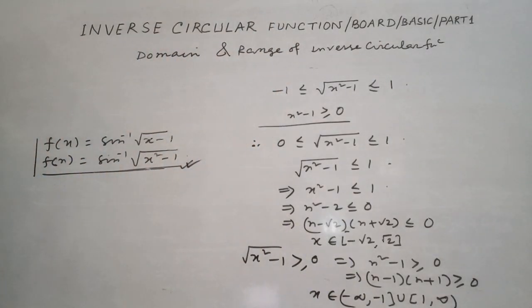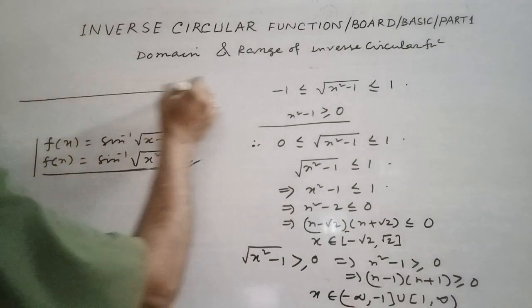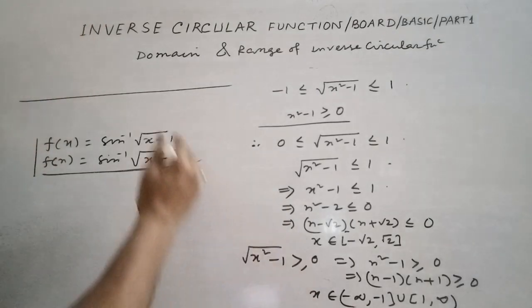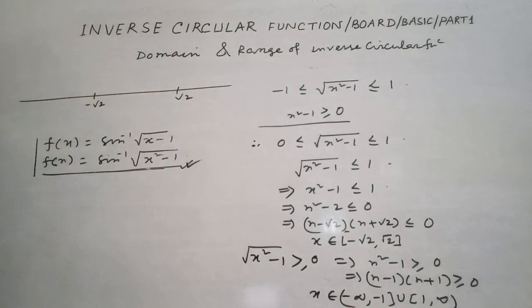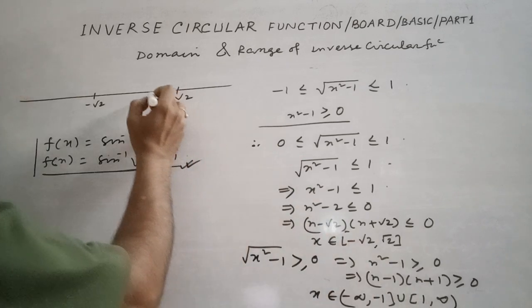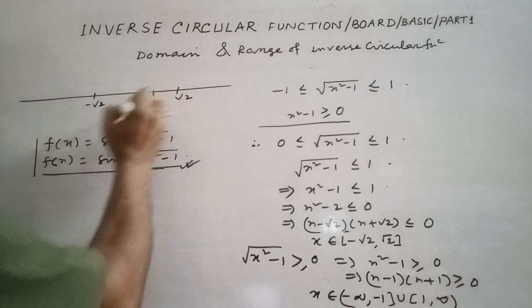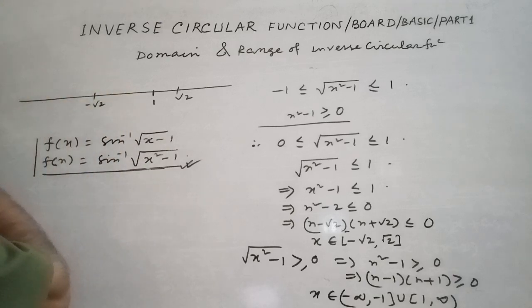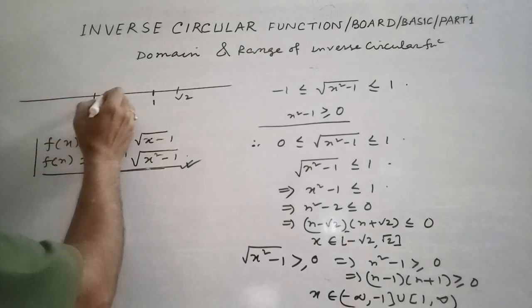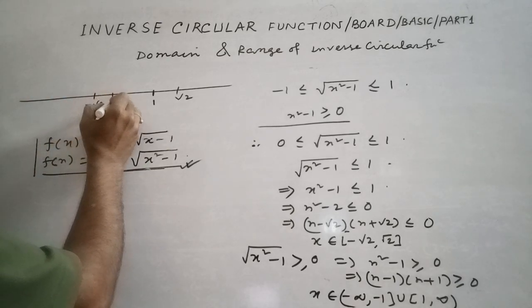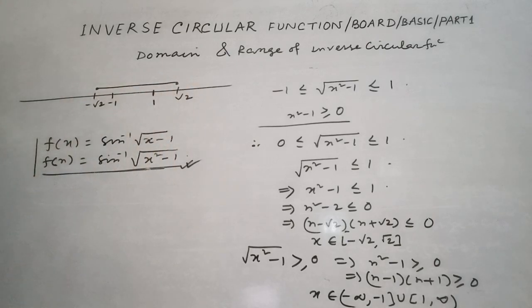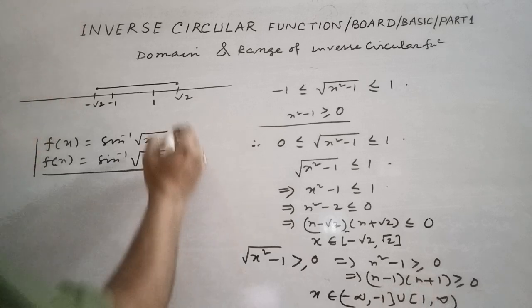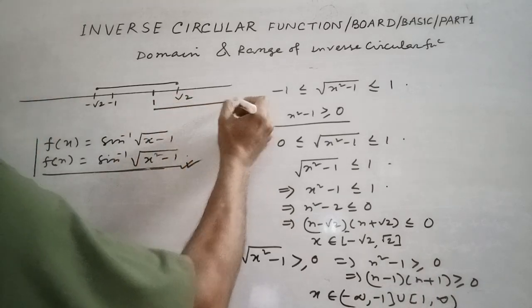Now we take the common region. If you draw the figure, look here, this is root 2, this is minus root 2. Since 1 is less than root 2, this is 1, and this is minus 1. The first one is in between minus root 2 and plus root 2, and the second one is this.